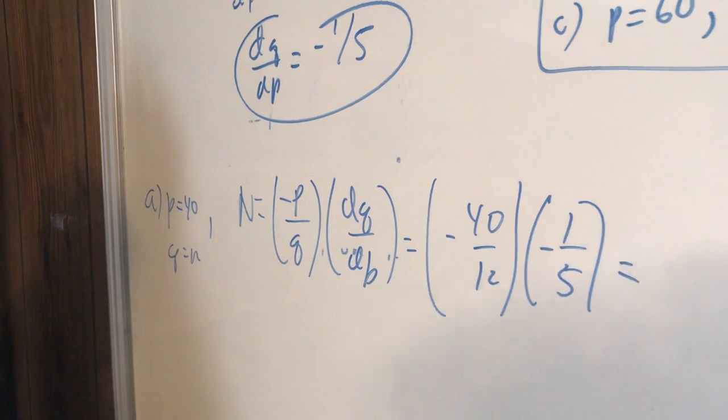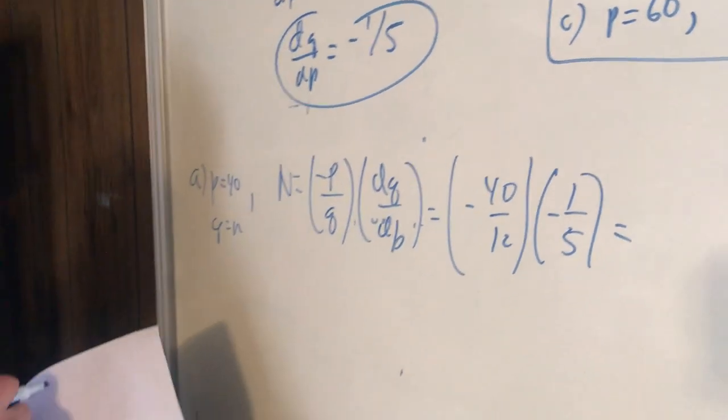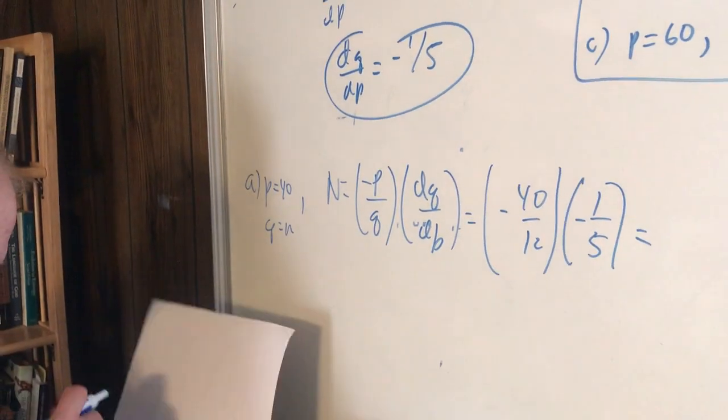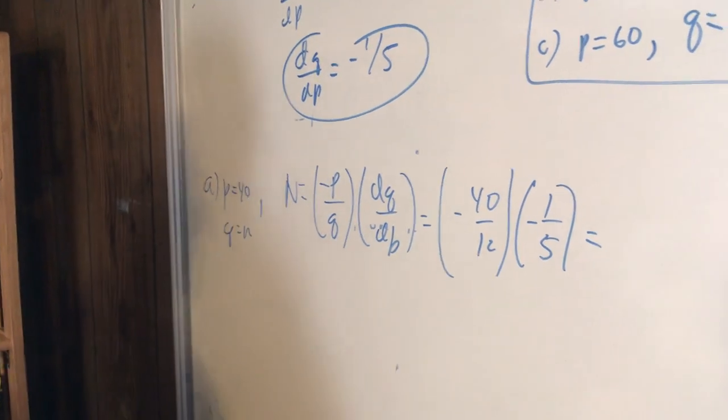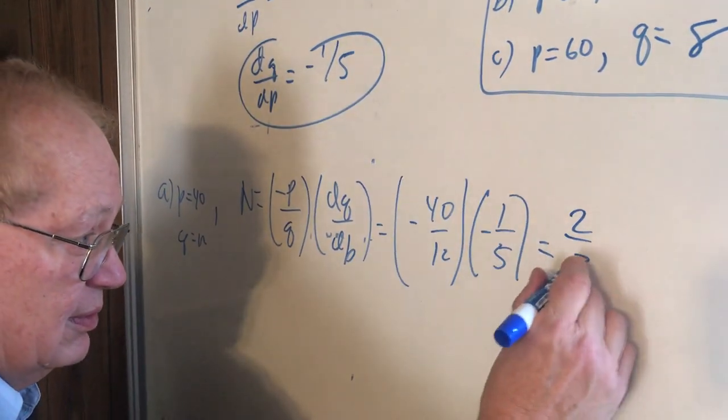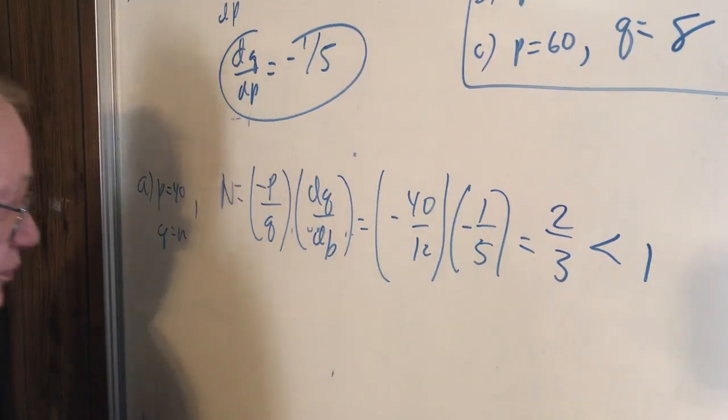It's going to be 2/3, which is less than 1.